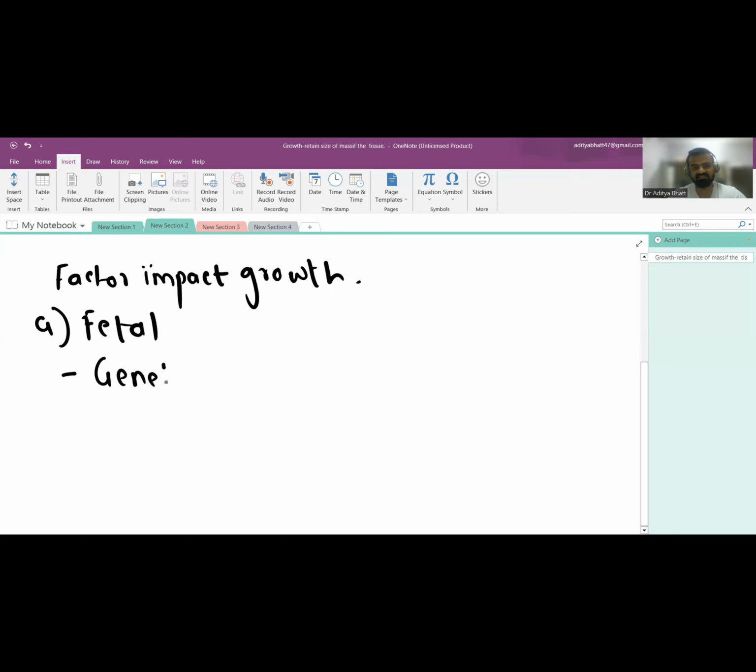The first factor is genetic potential. Genes decide everything. You know that when genes are influenced by the environment, they respond in a different way, but if they are not influenced by the environment, they always respond in a certain way. So the genetic potential of a child is very important in growth.